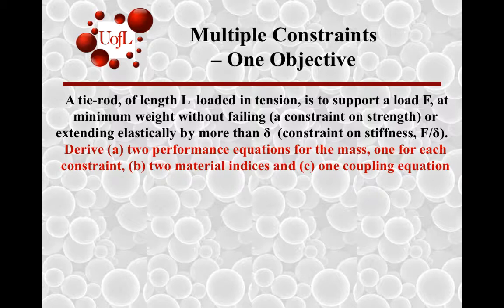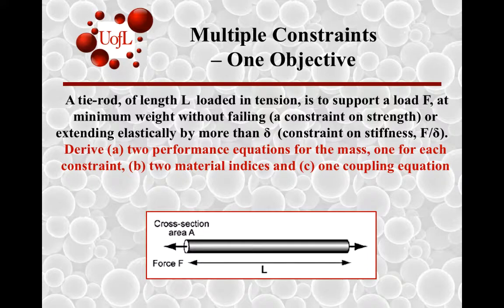So the constraint on stiffness is F by delta. Let's look at situations where we are able to derive those performance equations for each mass M1 and M2 based on the constraints. Then we'll look at deriving material indices, and finally we'll come up with a coupling equation that links those two material indices so that we can make plots.